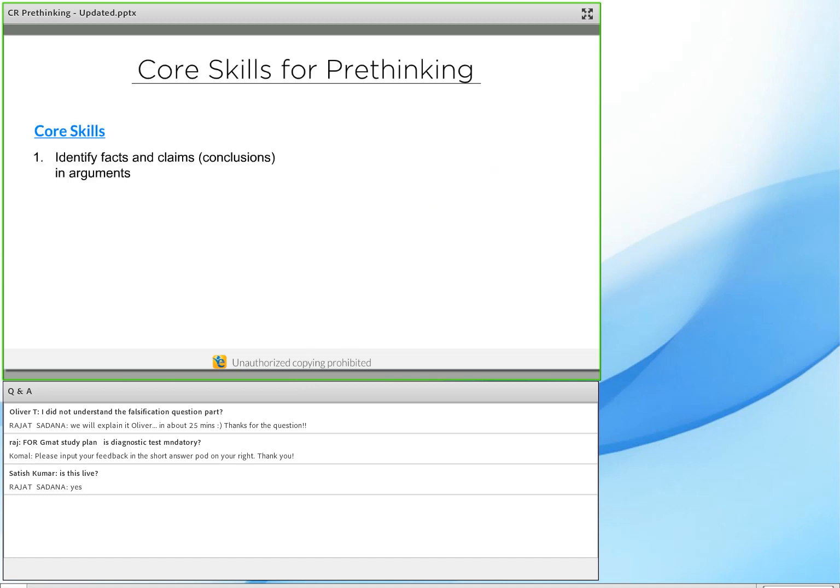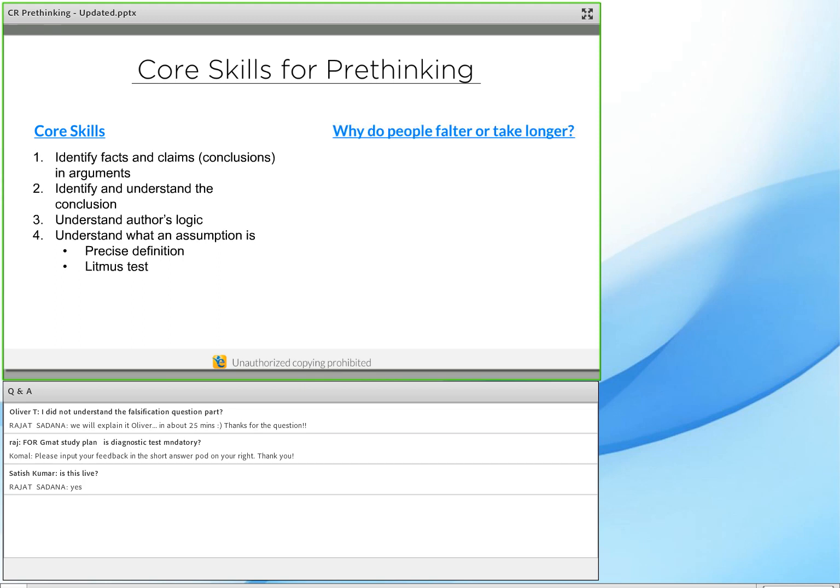With that, let's talk about some best practices. One is to read the argument slowly and make sure you, A, understand and visualize the conclusion, and B, understand the logic the author uses to arrive at the conclusion. Not all of you are going to get this right. The reason you're going to falter is because you're not used to reading slowly.